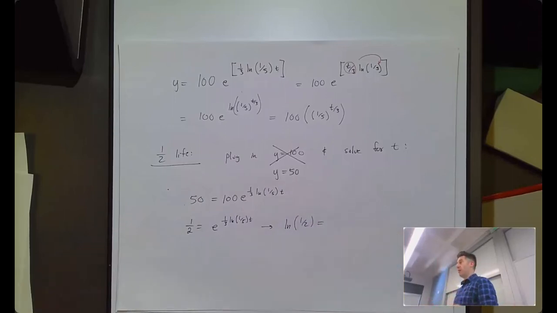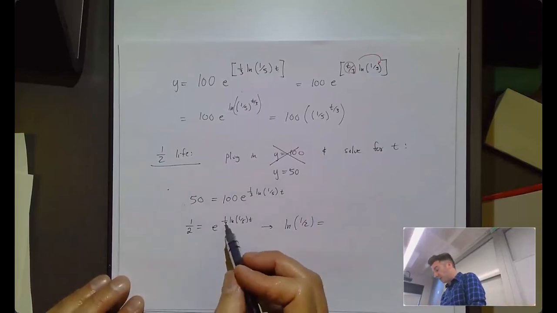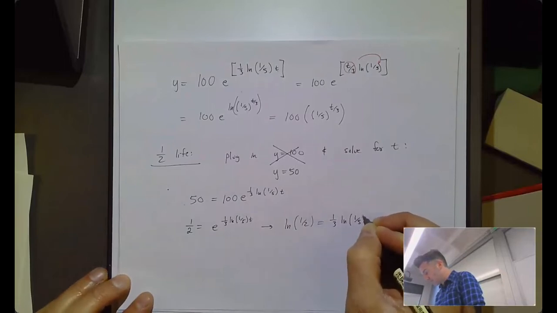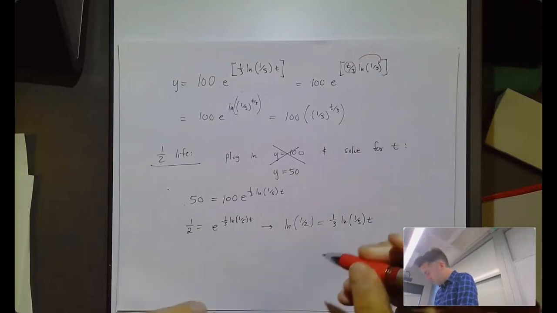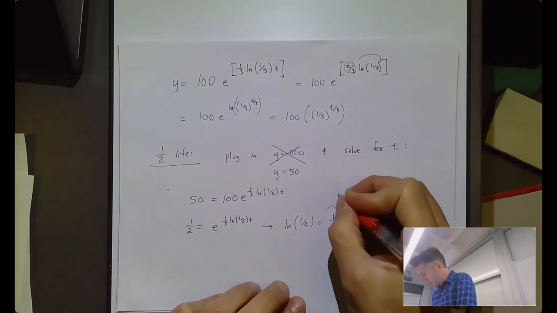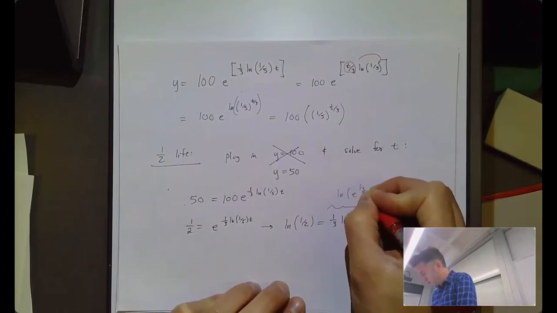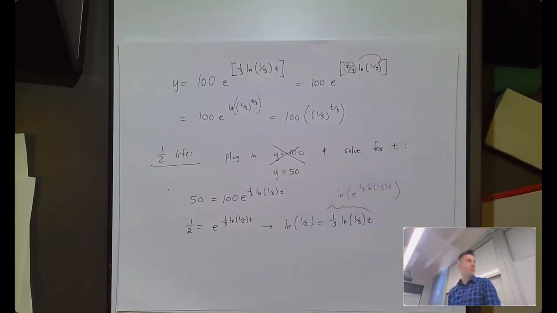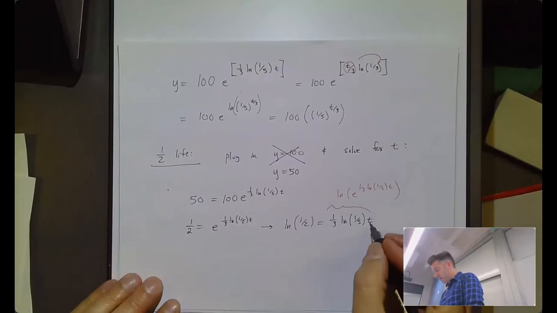We've taken the natural log of e to the something enough times to know that we just get the something. That's the natural log of 1/2 equal to 1/3 natural log of 1/5 t. And then we're going to solve for t by dividing by all this.